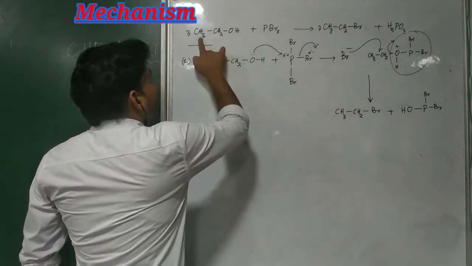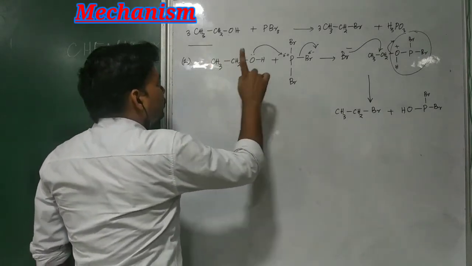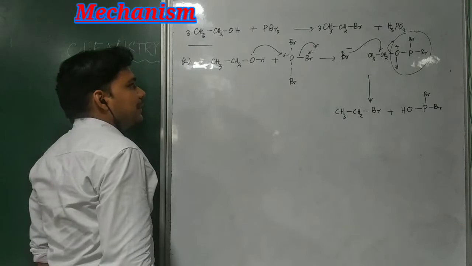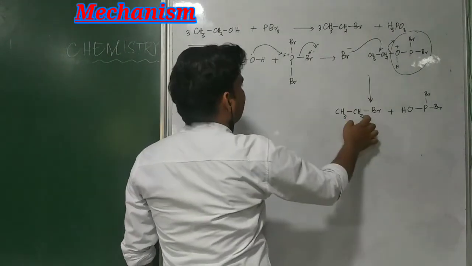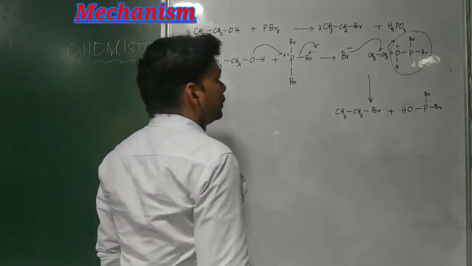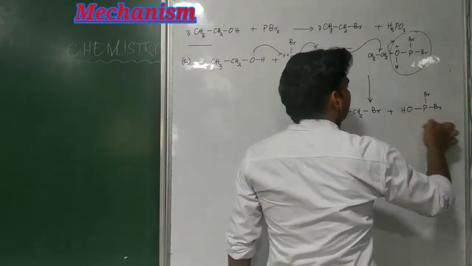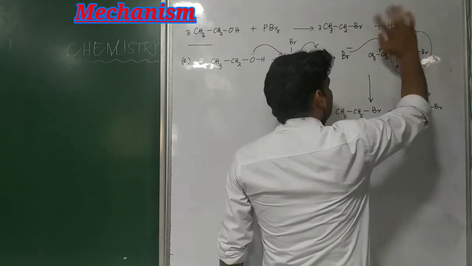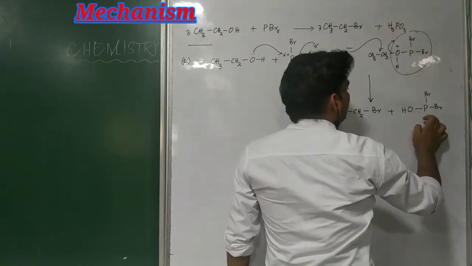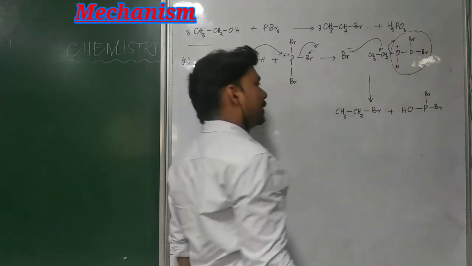So out of 3 alcohol molecules in the first step, 1 alcohol molecule has participated, resulting in the formation of 1 alkyl bromide, ethyl bromide. This is not the final product here. In our net reaction, we have not mentioned this HOPBr2 molecule as the final product.